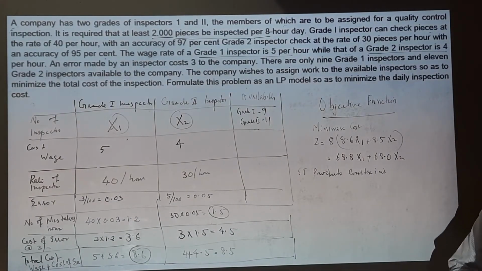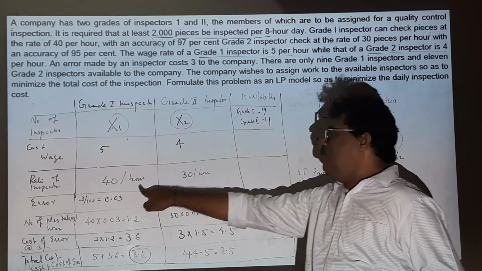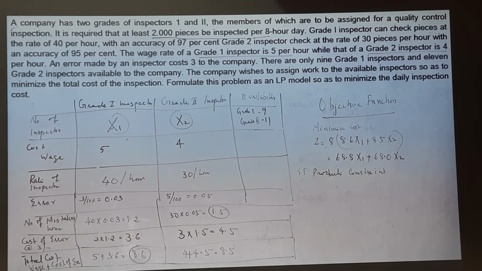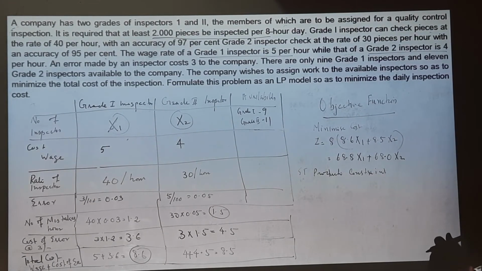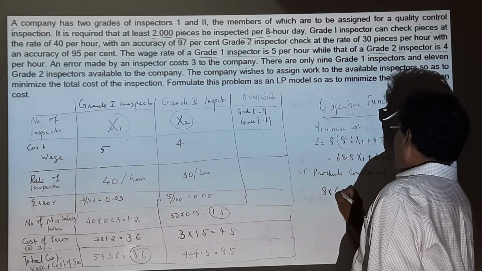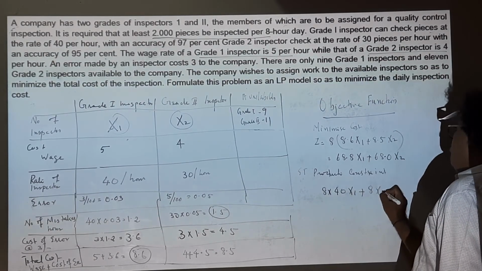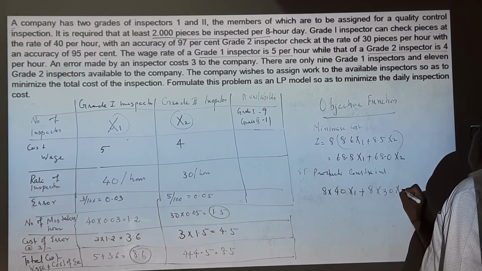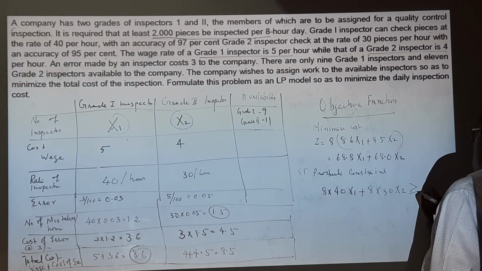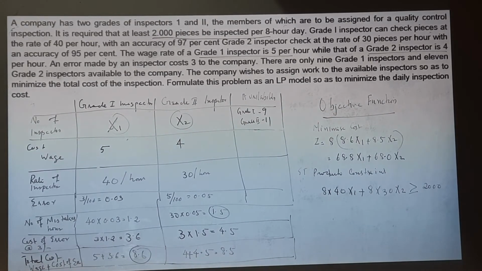So x1 inspectors will check 40 into x1 per hour. So 8 hours will be 8 into 40 x1 plus 8 into 30 x2, which should be more than 2000. So this is the constraint.